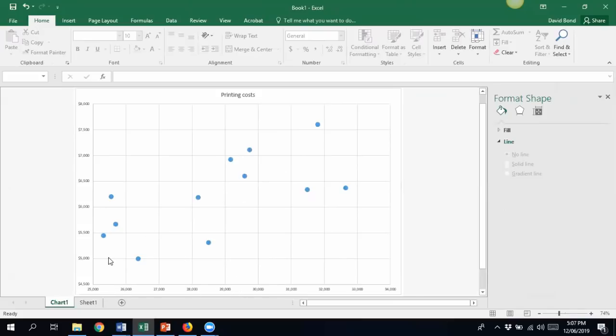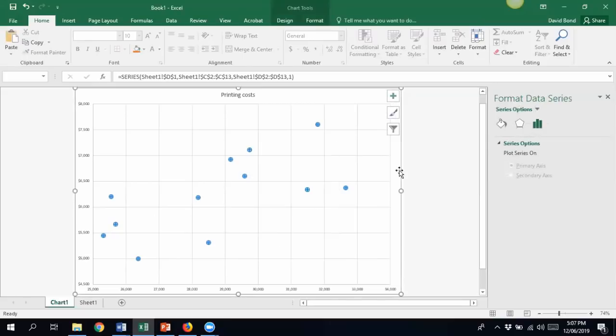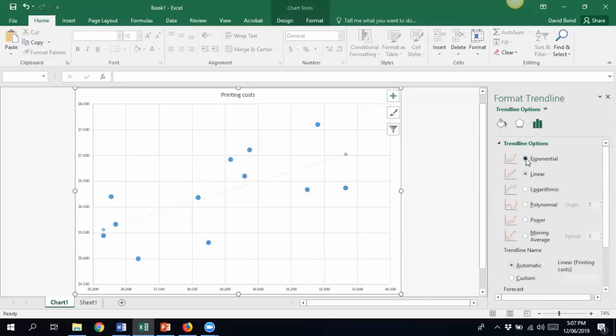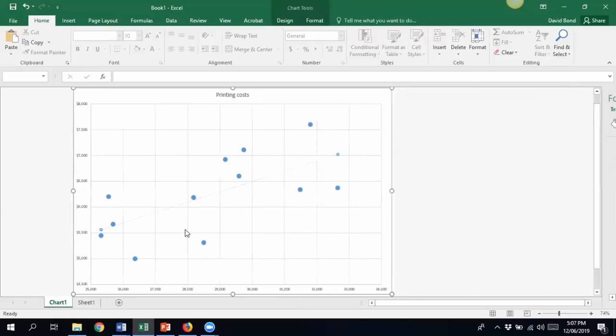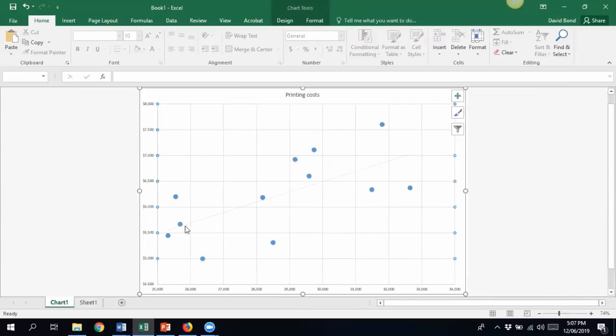We can see there's a relationship. It's not great, it's a bit scattered, but we're trying to get a line of best fit. I'll just add in a trend line so we can see it. So this is the trend line, the regression line of best fit.